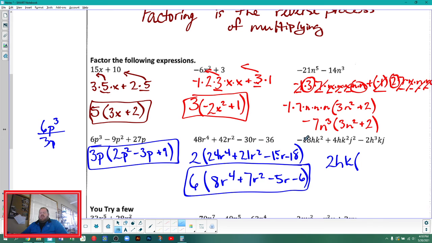So now I have negative 18 divided by 2 is negative 9. I am taking that H out and one of the K's out, so all that's left here is a K. I'm taking 2 out of the 4, so that's now a 2. Taking the H out, taking one of the K's out, leaving all the J's, so K, J squared.